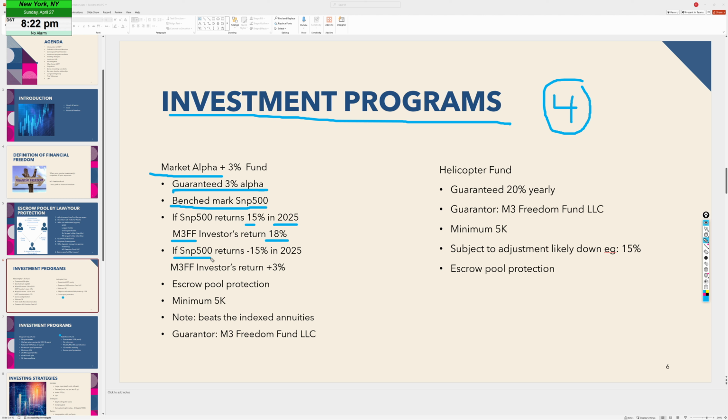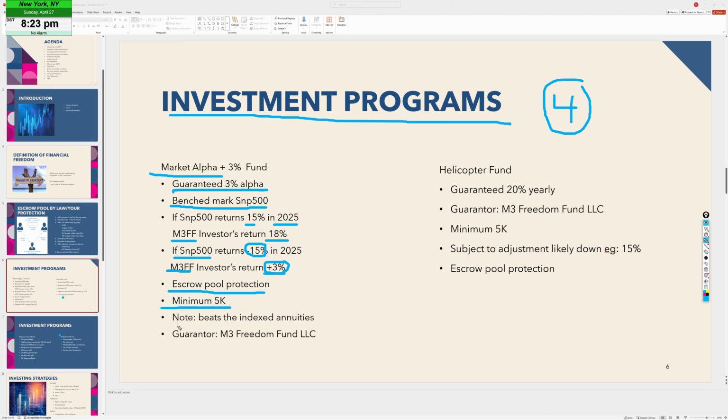If the S&P 500 returns negative 15% in 2025, the M3FF investor gets a positive 3%. And you are protected by the escrow. Remember the escrow protection? The minimum requirement to invest there is $5,000.